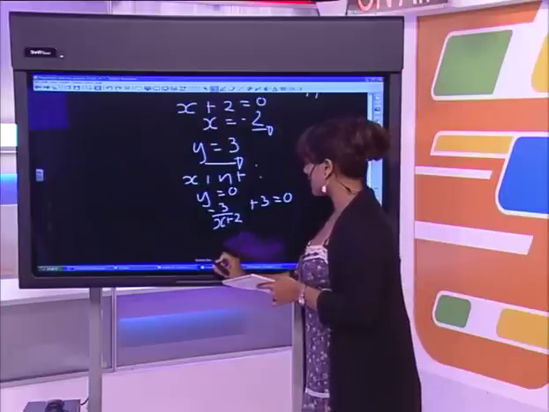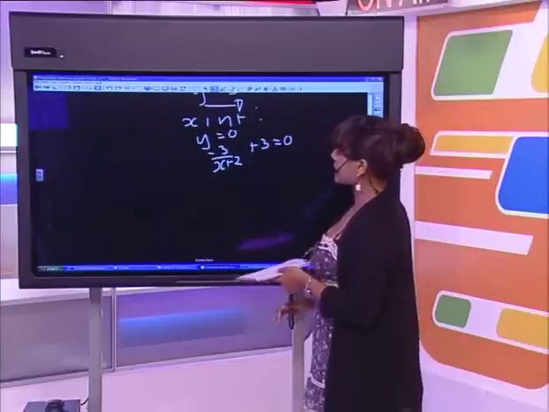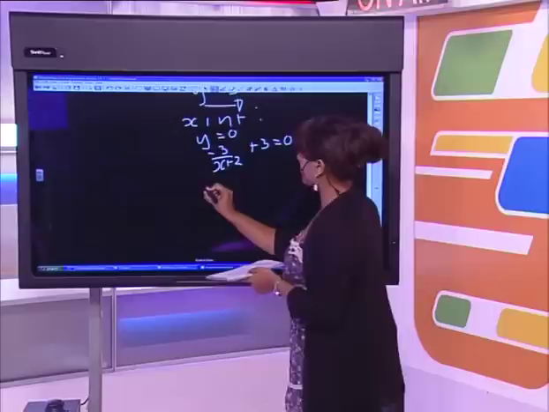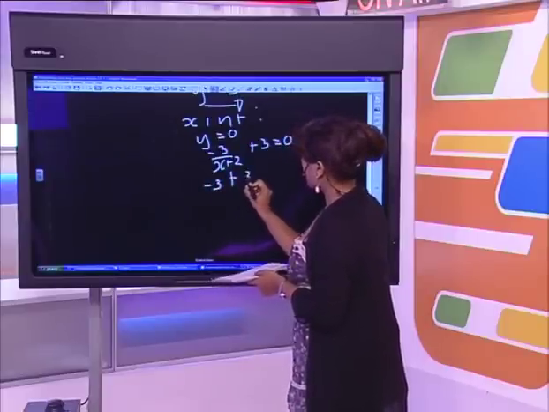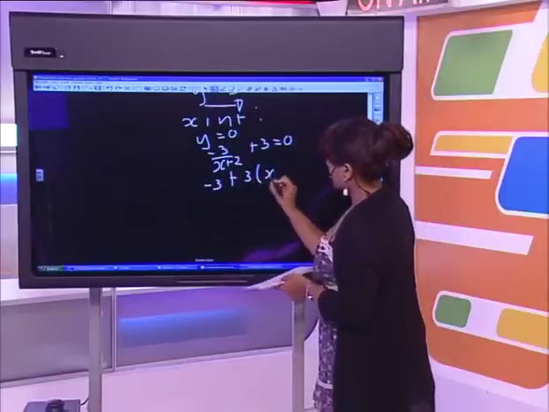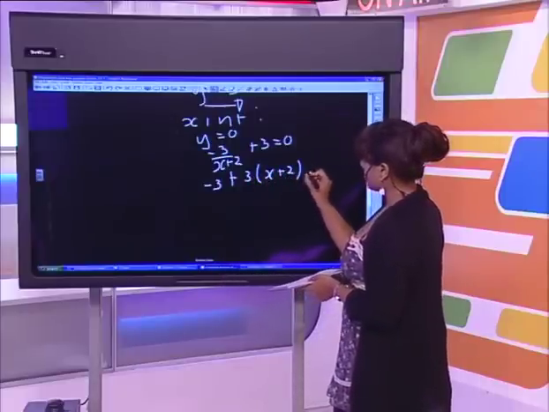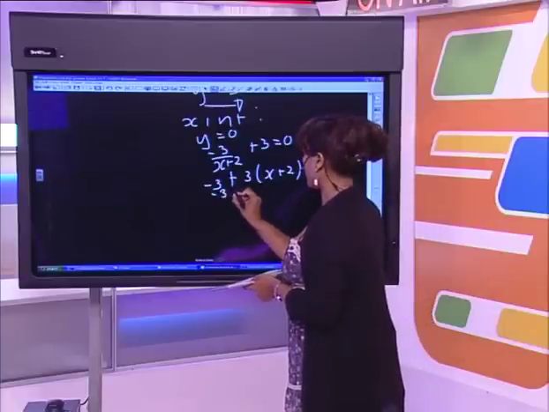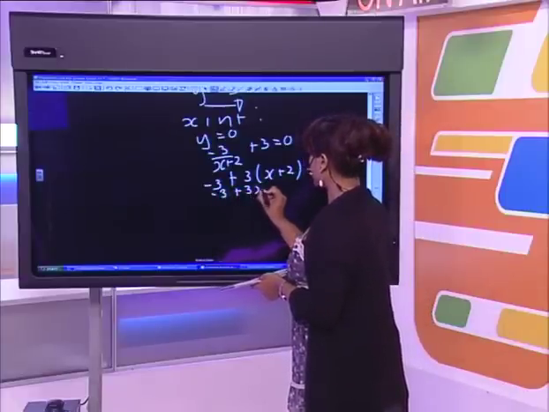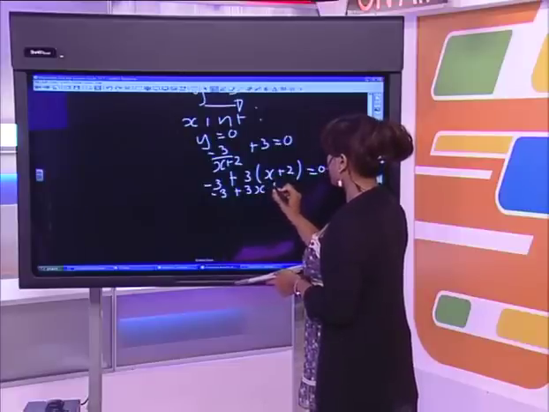And we're just going to solve that equation. It's just a linear equation. So I times through, I'm going to get minus 3 plus 3 times x plus 2 is equal to 0. So minus 3 plus 3x, just timesing the 3 into the bracket, plus 6.